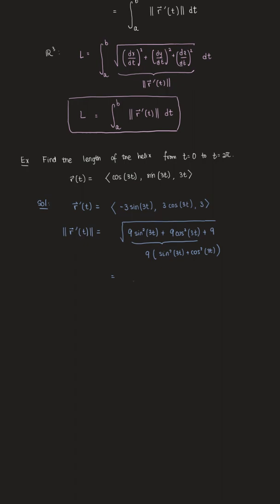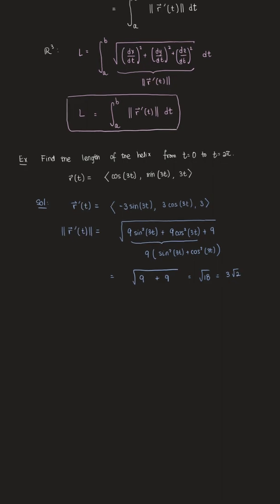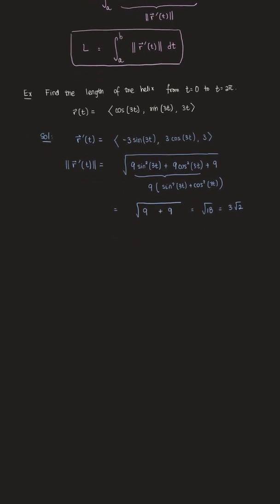And so this becomes the square root of 9 times 1, or 9, plus 9, or the square root of 18, which is 9 times 2, which is 3 square root of 2. So there is the magnitude of our derivative function.